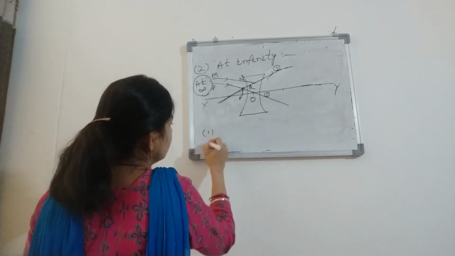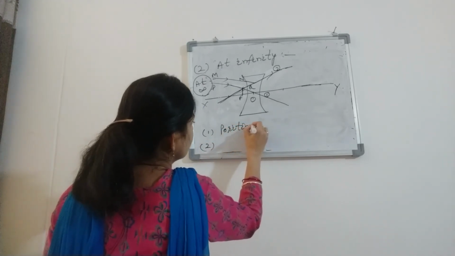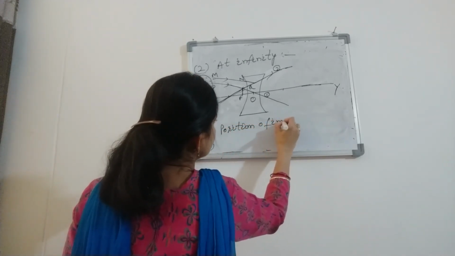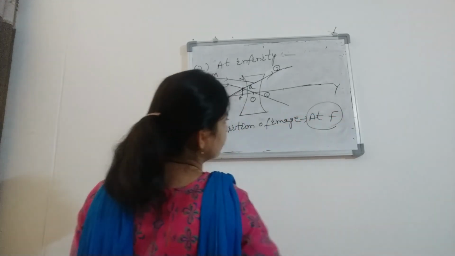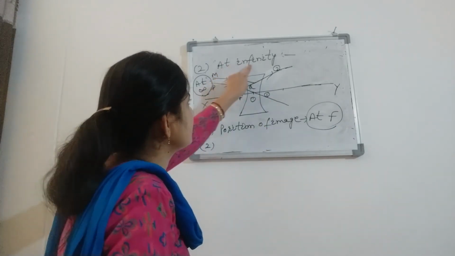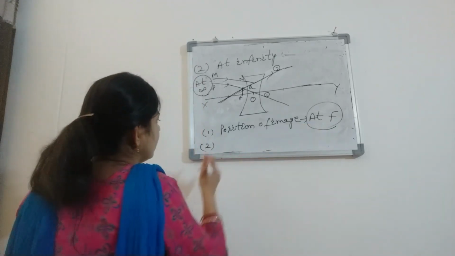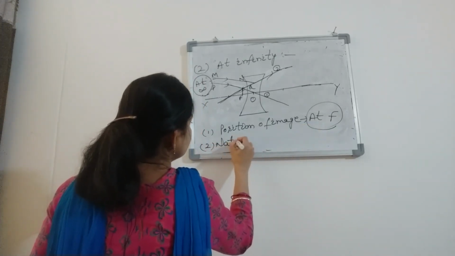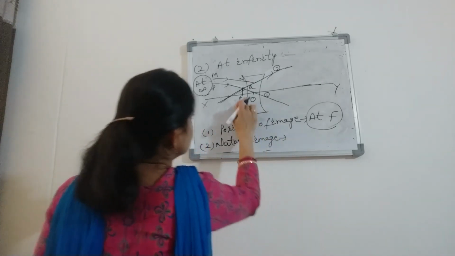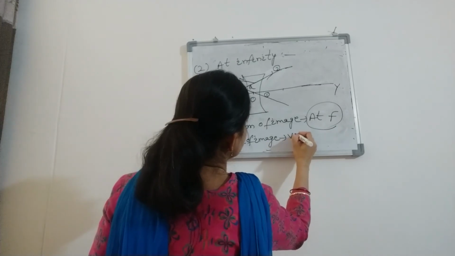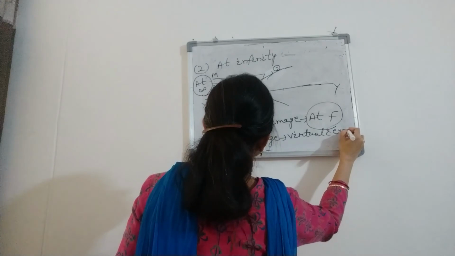That's why you can write down position of image is at F, meaning when the object is placed at infinity, at that time the image will be formed at your focus. And nature of the image, same side, that's why you can write down virtual and erect.